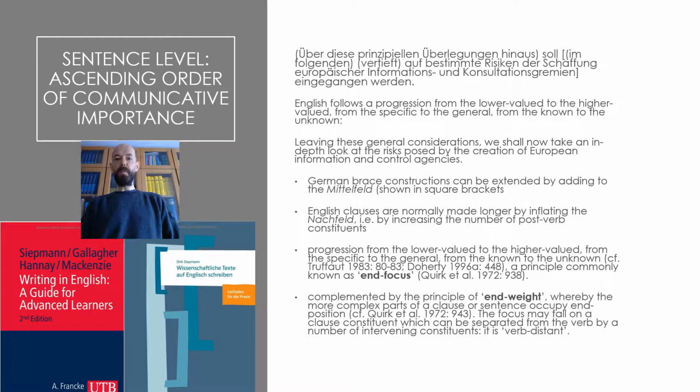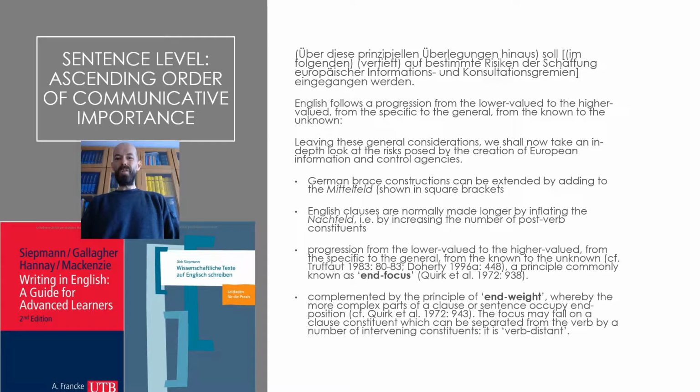So the German brace construction can be extended by adding to the Mittelfeld, that's shown in square brackets. So that's the part of the clause interpolated between the two elements of the verb phrase, between soll and eingegangen.